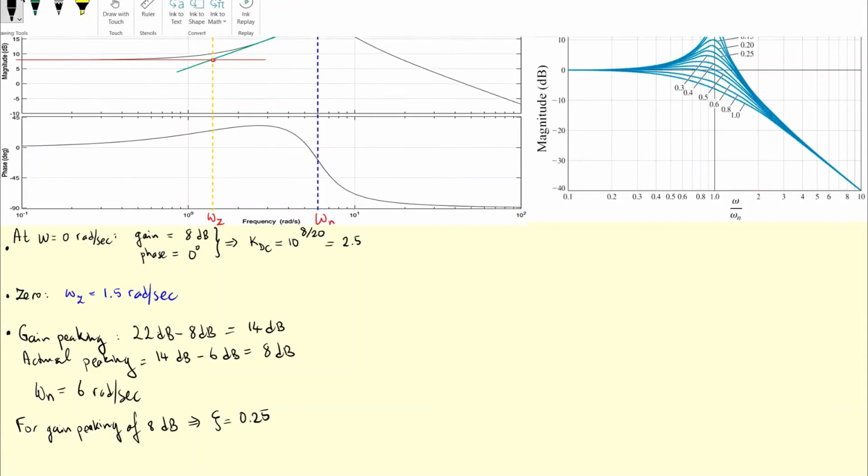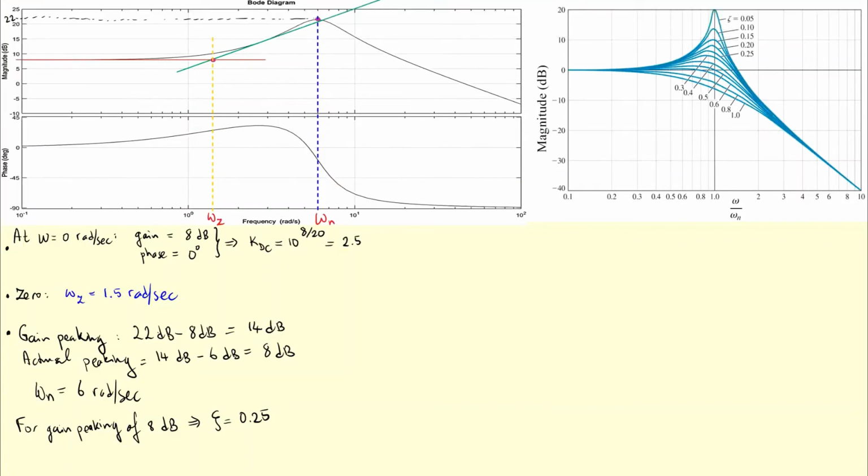So let's now continue with our quadratic term, which is in general form 1 plus 2 zeta times s divided by omega n plus s divided by omega n, and the quantity squared.